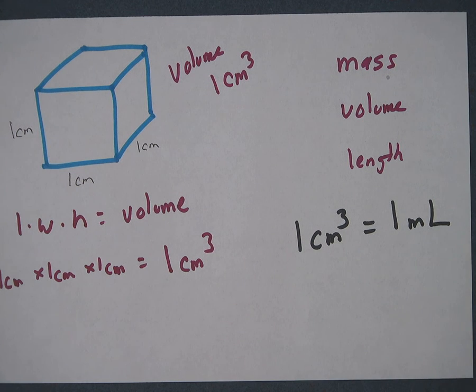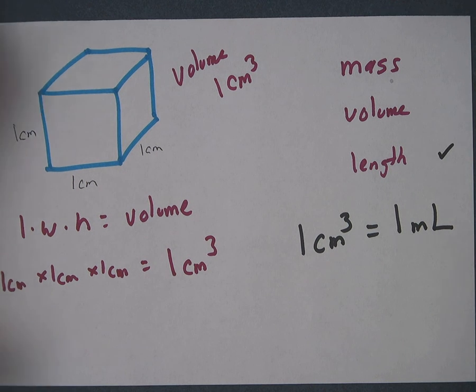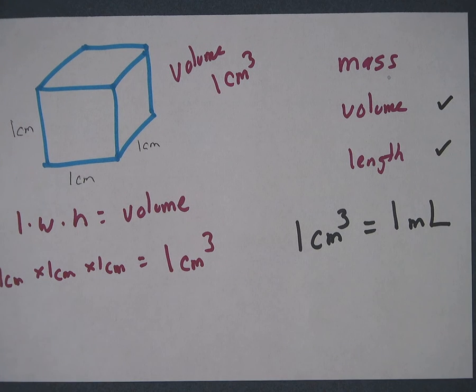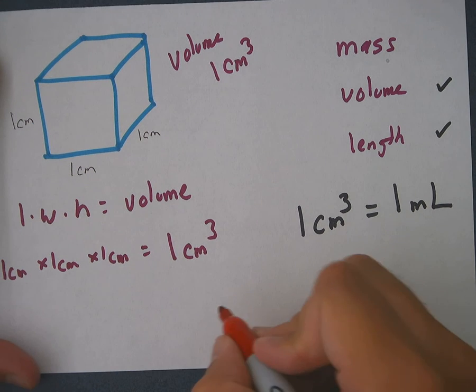Now we have a nice easy connection, a 1-to-1 ratio, connecting something that has a length, 3 of them because it's cubed, to volume. That's amazing. And then the last brilliant thing that they did was define a gram based on this. They took the most common substance on our planet, water.